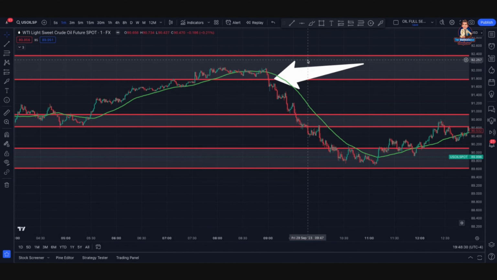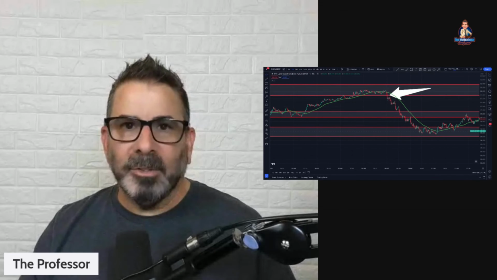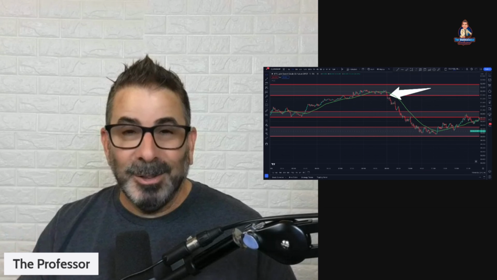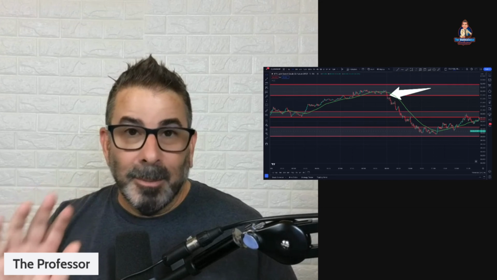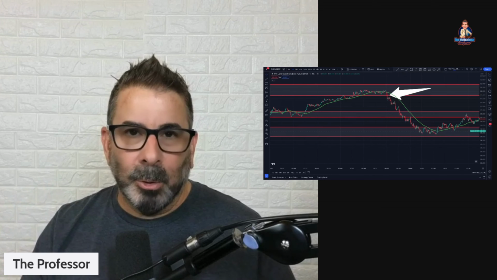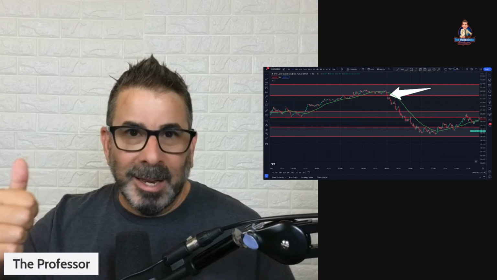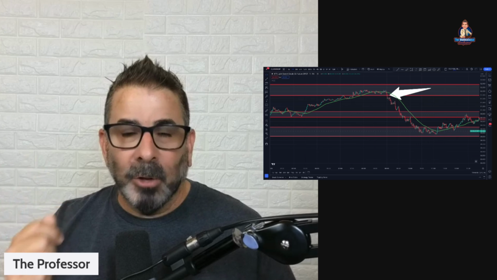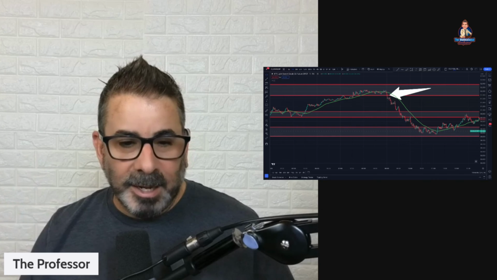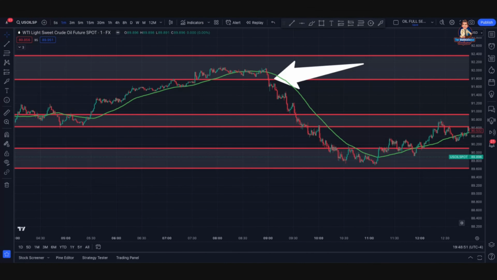So step number 1 is that price on the 1-minute chart has, to make it safe, 2 candles that have closed below the 50-day moving average. So we have that it left an area of resistance, and we also have 2 candles that closed below the 50-day moving average.